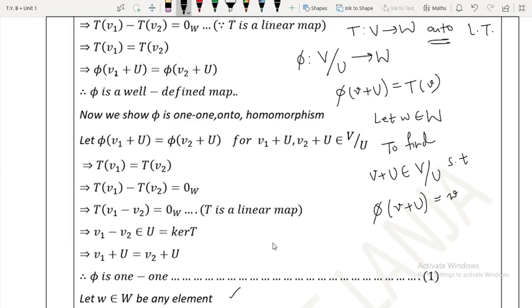This w and this w are one and the same, so I have said let w belong to W be an element.